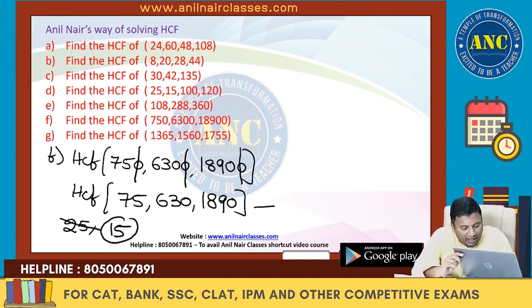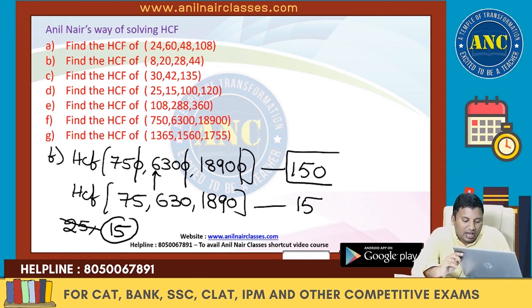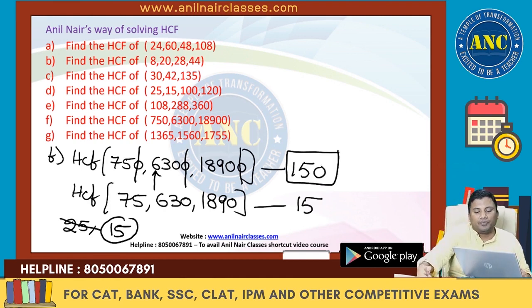So 15 is the answer for this. But I want the answer for 750. Another 0 is to be suffixed. Answer for this question is 150. I hope it is clear, right?